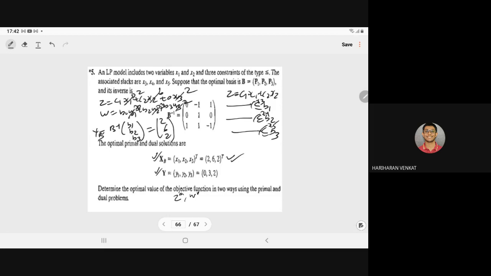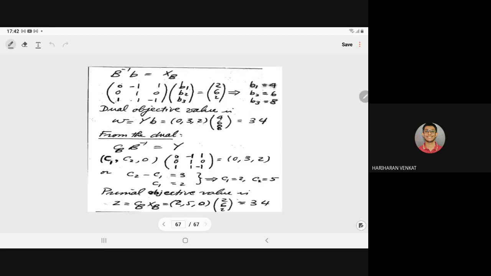So from here you can compute b1, b2, b3 by taking the inverse of B inverse and multiplying with the right hand side. So here you will get b1 as 4, b2 as 6, and b3 as 8. So 4, 6, 8.